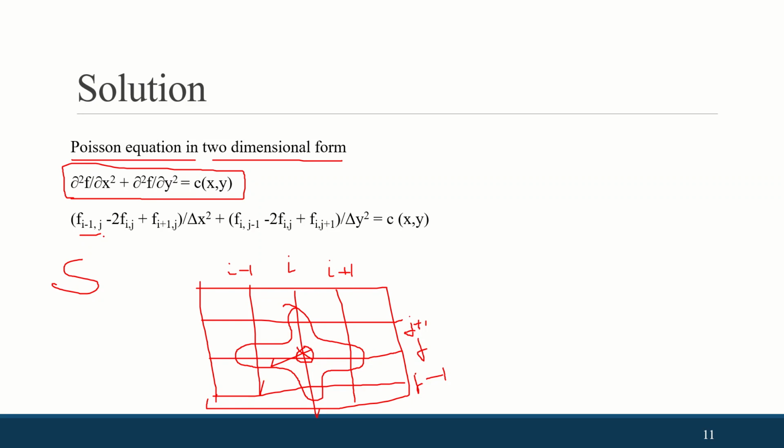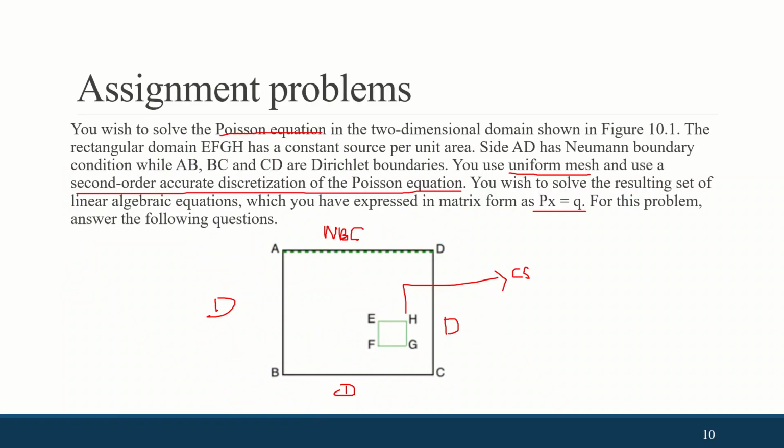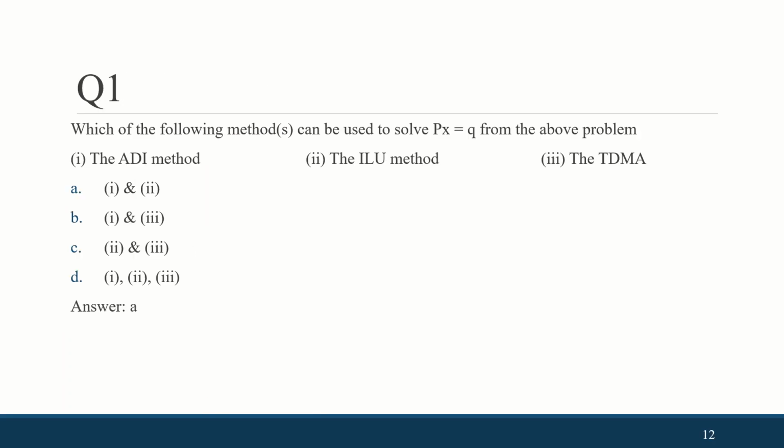So this is the discretized form: f(i-1, j), f(i, j), f(i+1, j). This is with respect to x, and f(i, j-1), f(i, j+1) is with respect to the y term, and it is a constant, not constant, some variable. This is the Poisson equation discretized in two-dimensional form. So yeah, we now move on to the questions.